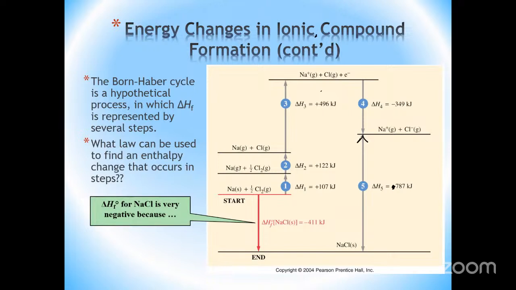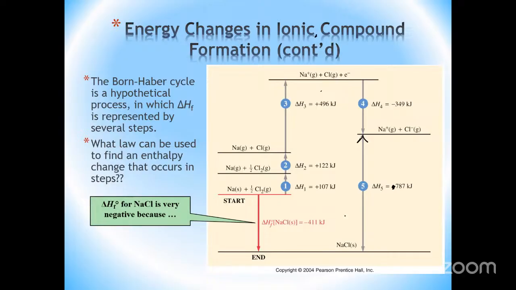Most of the problems that you're going to encounter when it comes to Born-Haber cycles are to find the lattice energy. The reason is that the lattice energy is seen as a reflection of the stability of the ionic compound. In other words, the greater the lattice energy, the more stable the ionic compound.